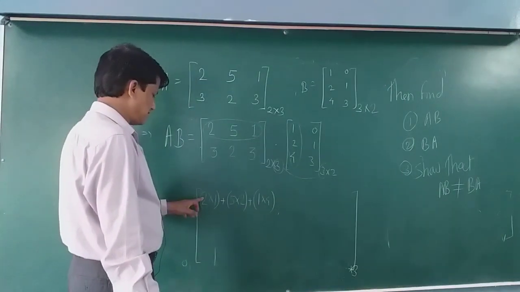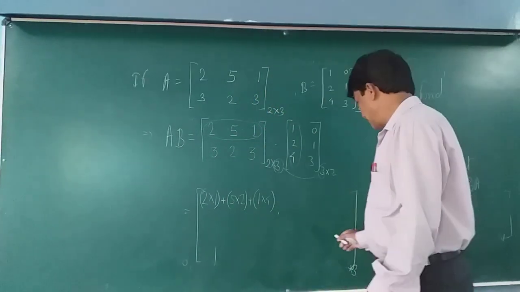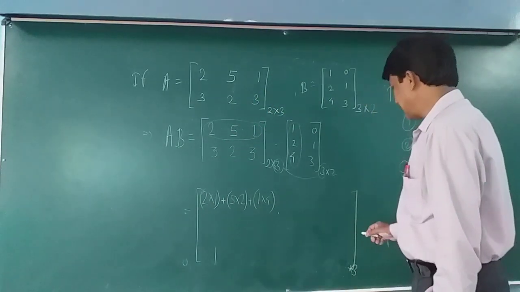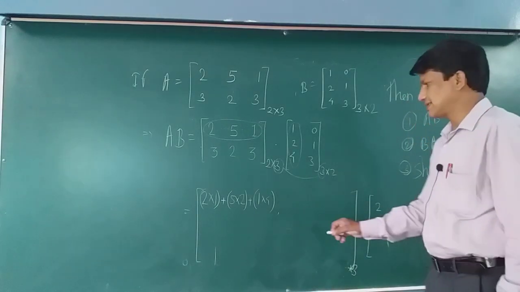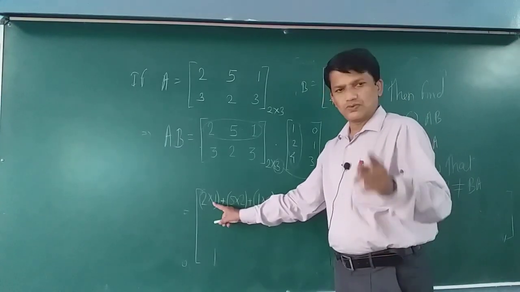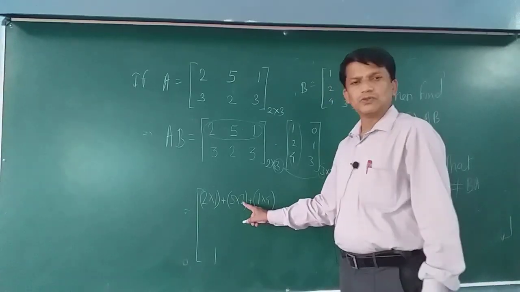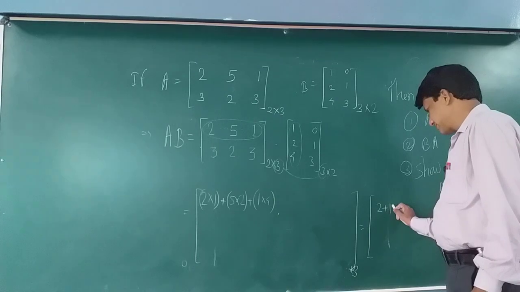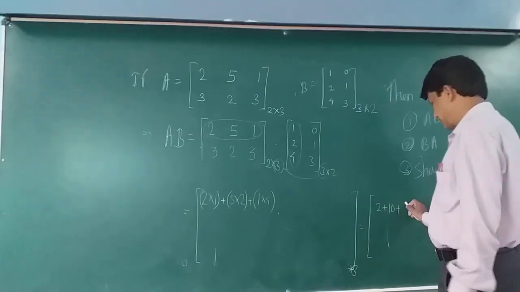So in the same way, what is the answer here? Here we get 2 into 1, 2. So we will write here 2. Correct? See here, 2 into 1, 2. Plus 5 into 2, 10. Plus 4 into 1, 4.